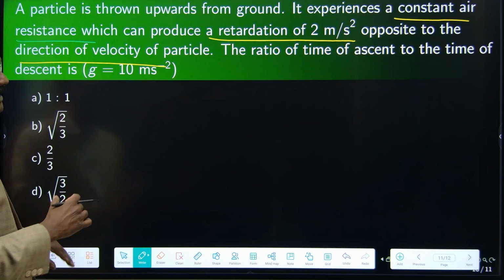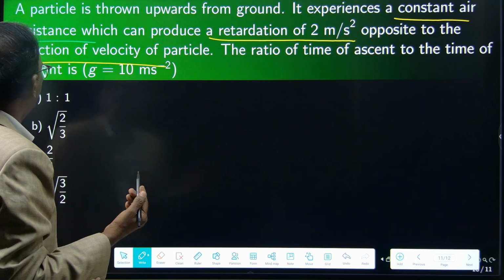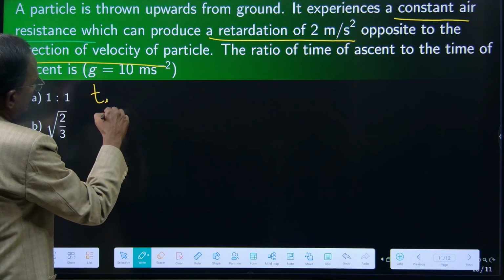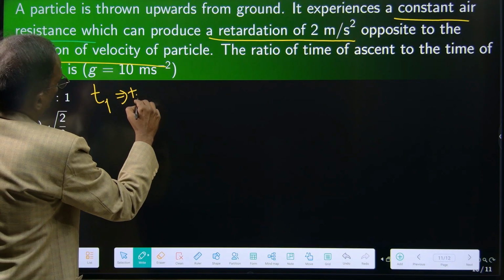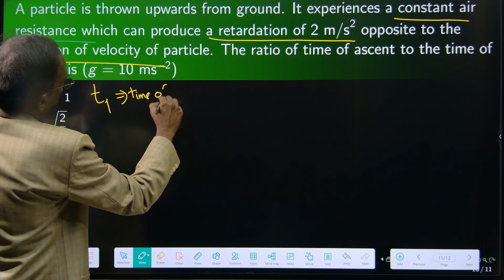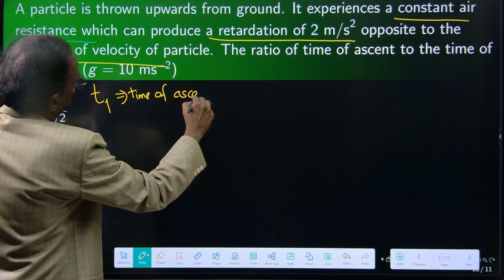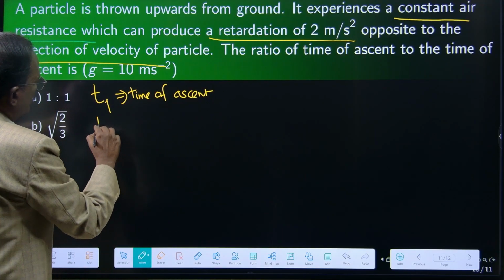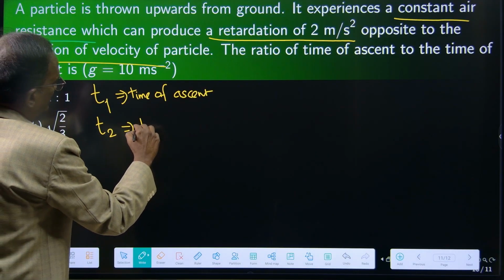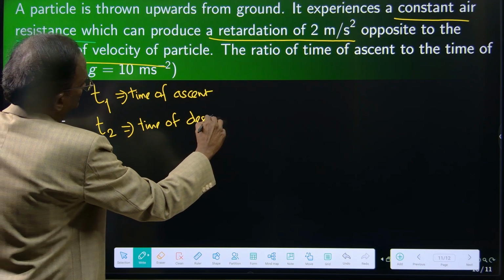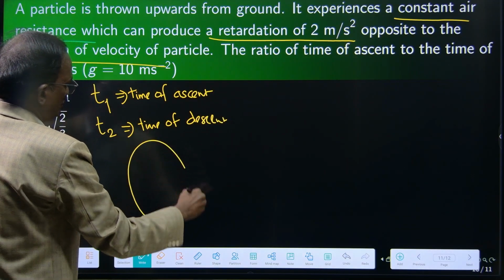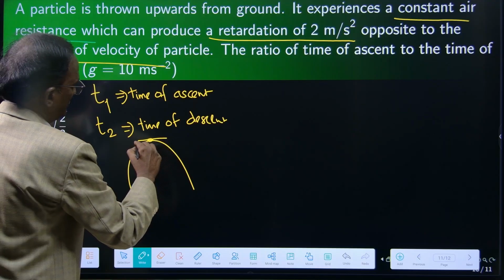The ratio of time of ascent to the time of descent. Time of ascent, let me write T1, upwards. T2 is the time of descent. A ball is thrown up and it reaches the maximum height.